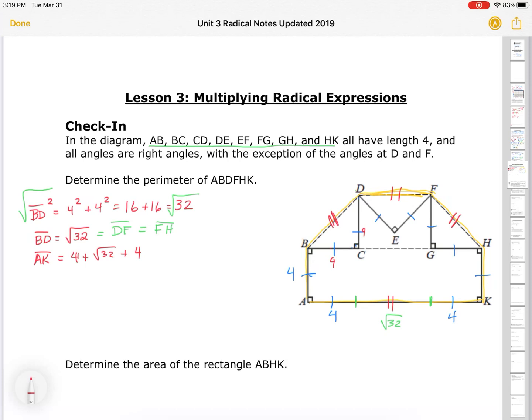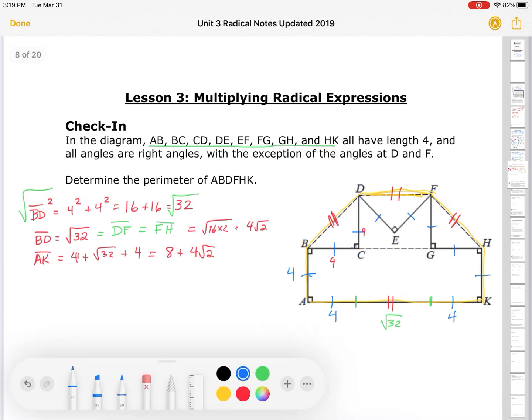Now, it's probably going to be a lot easier if we simplify that root 32. Root 32, if we simplify it, 32 is equal to 16 times 2, so I'm going to have 4 root 2. That means when I simplify the expression for AK, it is going to be 8 plus 4 root 2.